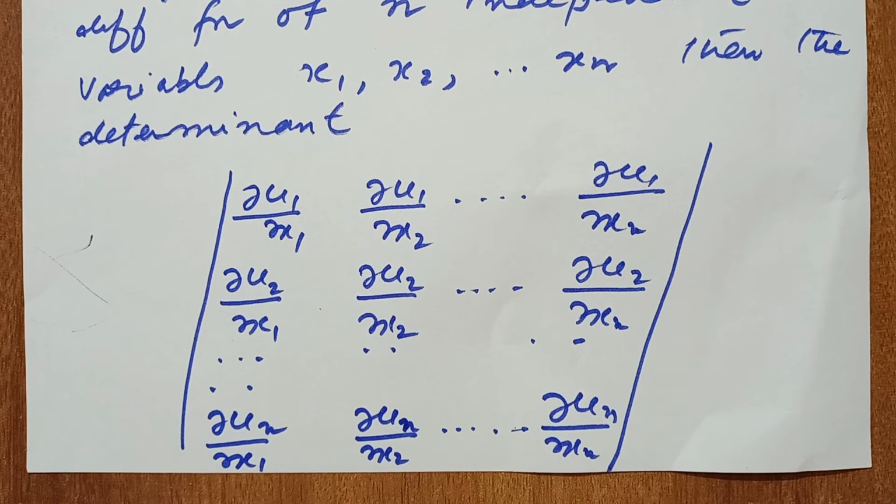So this is the Jacobian of functions of n independent variables.